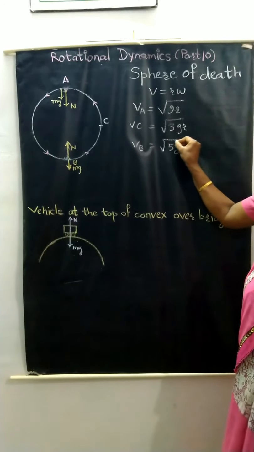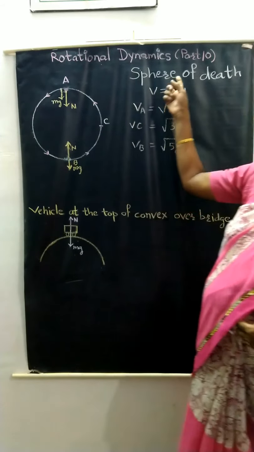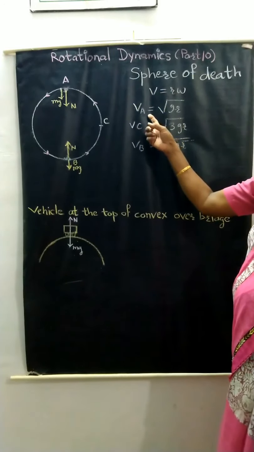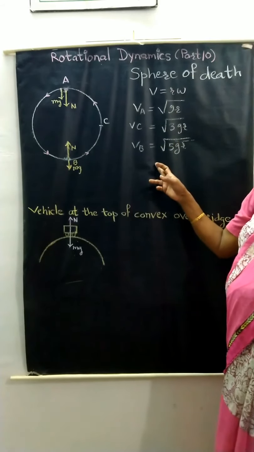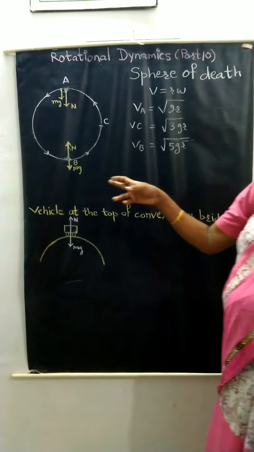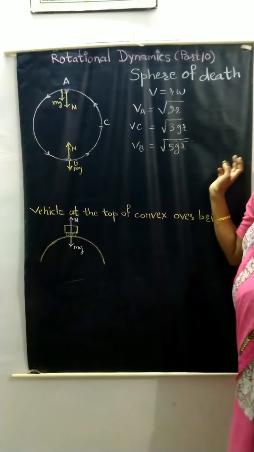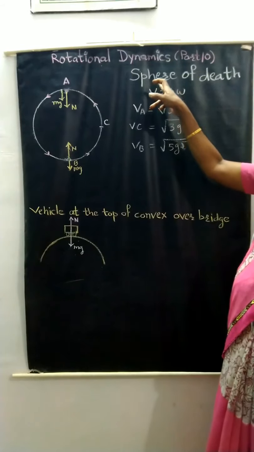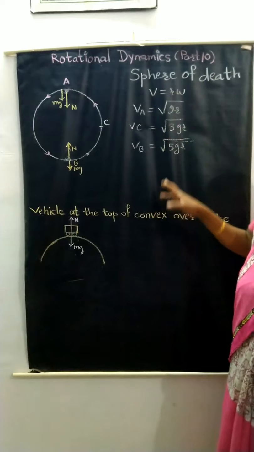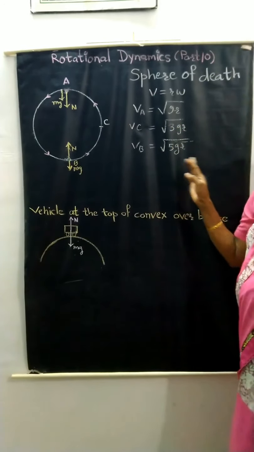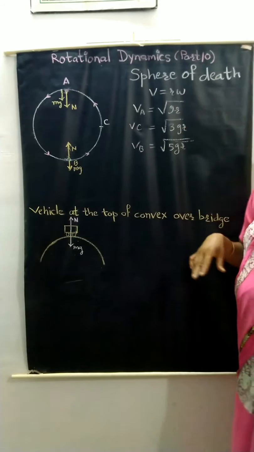So, same equations are applicable for the sphere of death. These are the minimum velocities needed so that the motorcycle rider can complete vertical circular motion in the sphere of death. Otherwise, if the velocity is less than these values, then there is danger for the motorcycle.